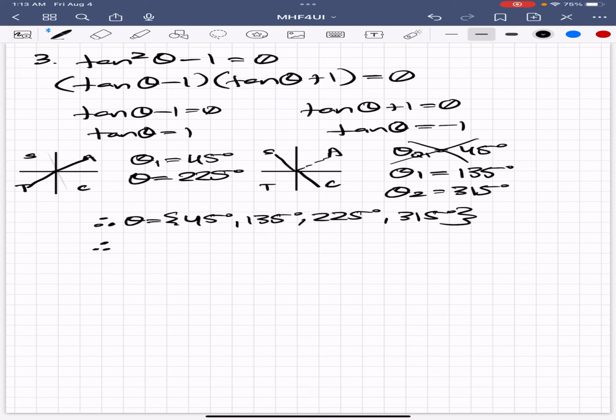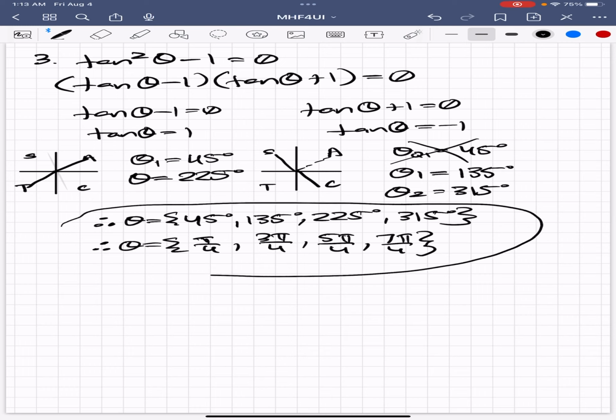Again, if you want it in exact values, I have that too. And those are both of our answers in degrees and in exact values.